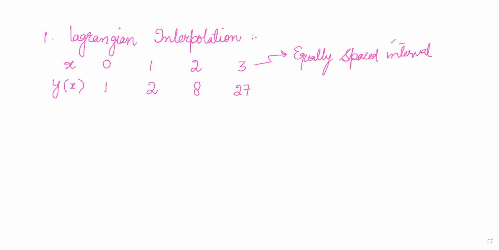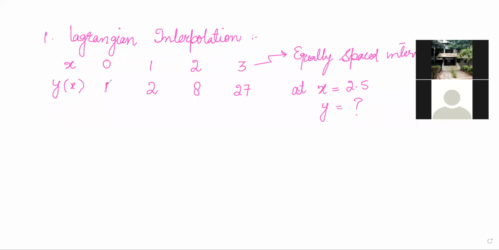Now the question for us is, find the value of y when x is equal to 2.5. What is the value of y at x is equal to 2.5? Given is, when x is equal to 0, y is 0.